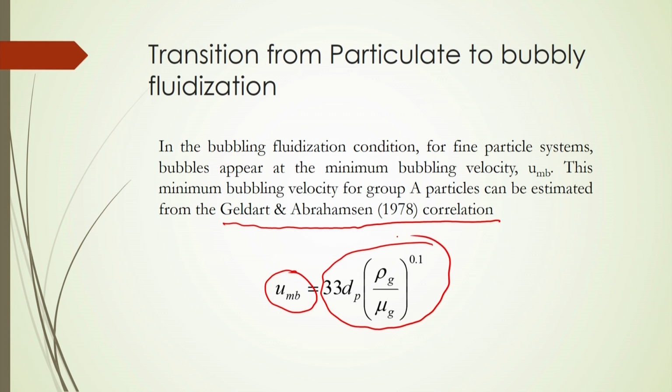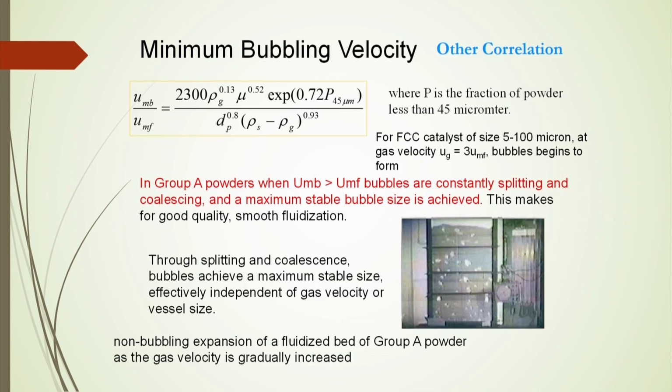For minimum bubbling velocity there are other important correlations too. Here it is a function of the density of the gas, viscosity, particle diameter, solid density, and also the fraction of powder with particle diameter of 45 micrometer.